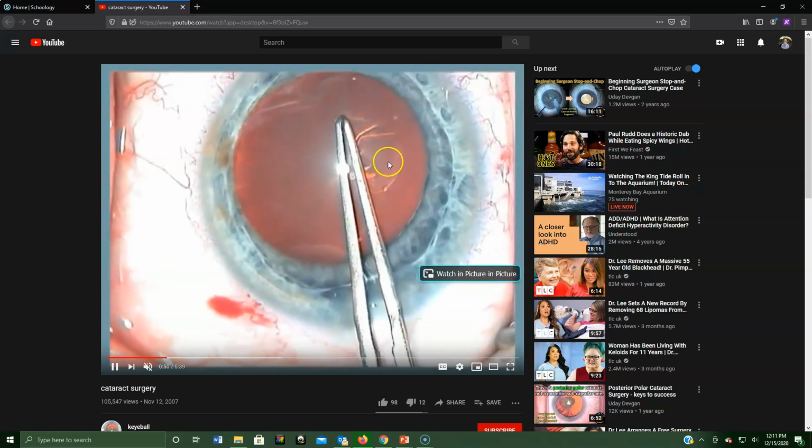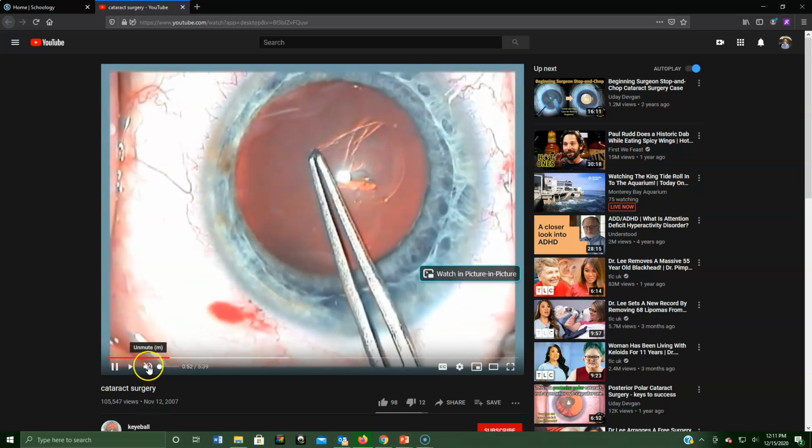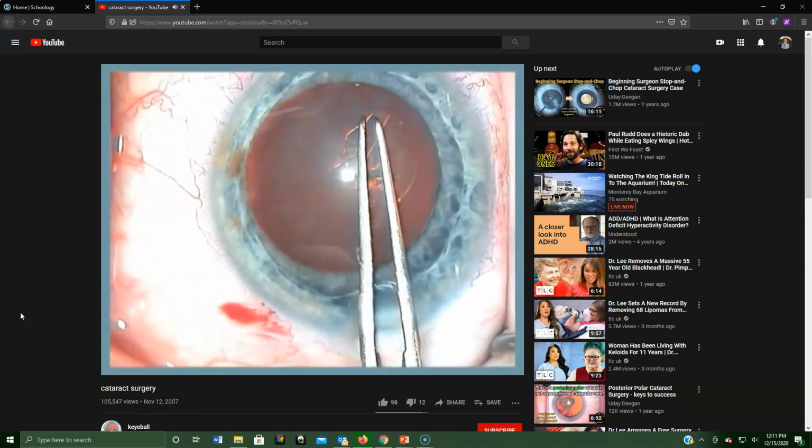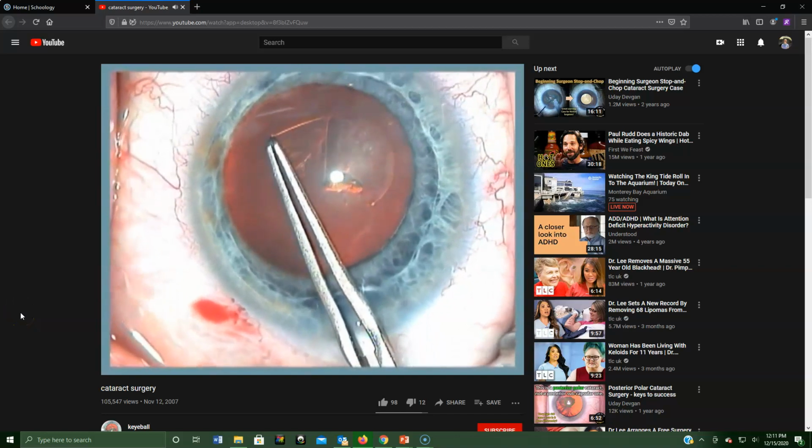Now he's starting to peel back the covering on the lens. We are making an opening in the outer candy layer and will be removing the chocolate.